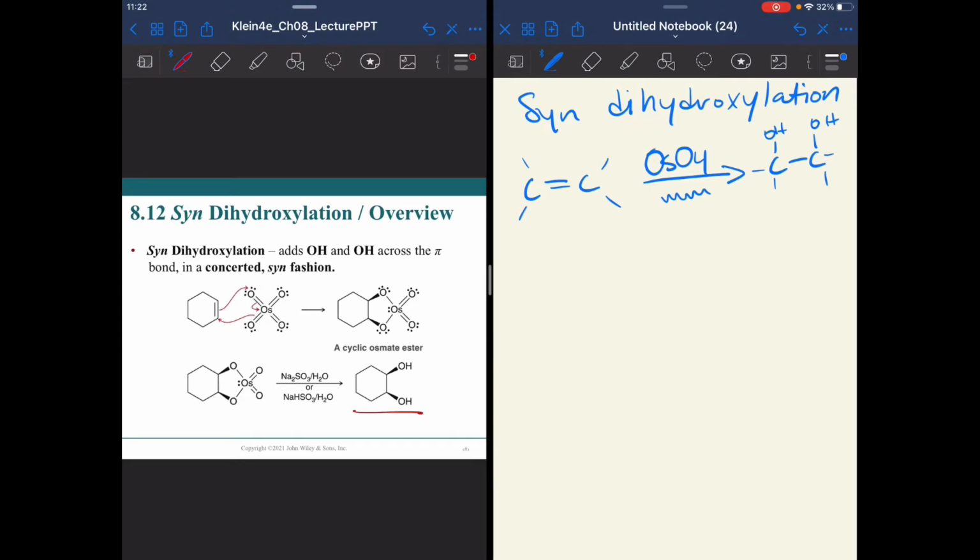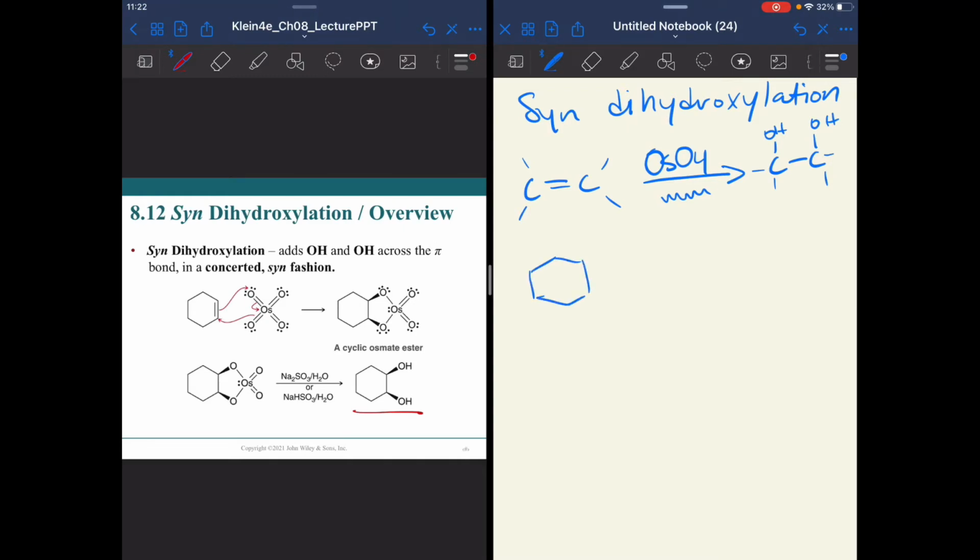Similar to catalytic hydrogenation, where both hydrogens go on at the same time on the same face of the double bond, osmium tetroxide works similarly. Both oxygens come to that double bond at the same time, so just based on geometry and space, they have to go on the same side.